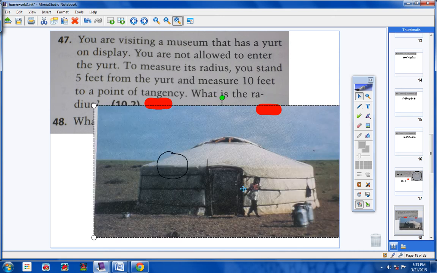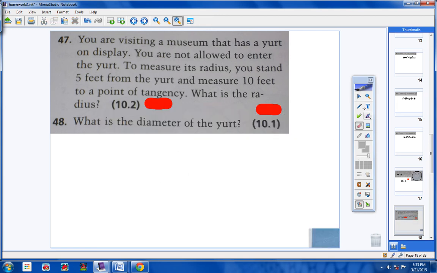Here's a bird's eye view of what's going on. You're up in the ceiling looking down, and here's the kid standing right here, and he's 5 feet from the yurt. And then he measures a straight line to a point of tangency. That measurement right there is 10 feet.